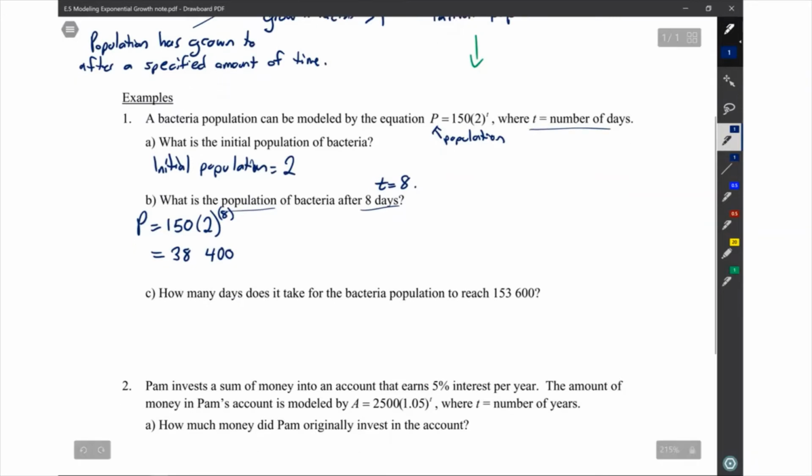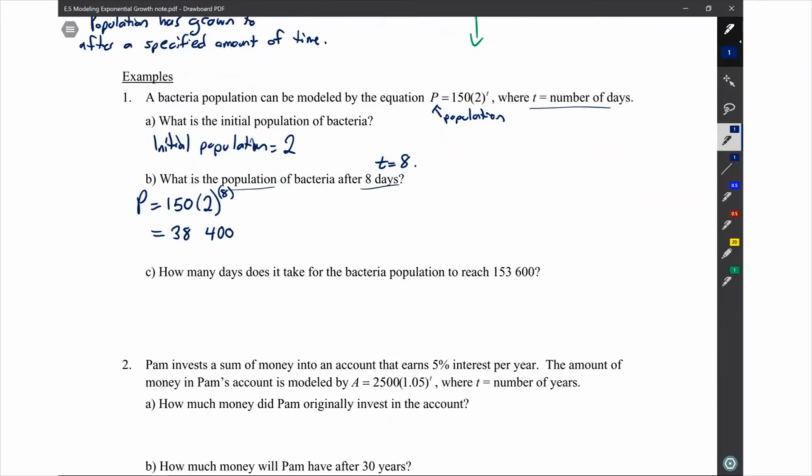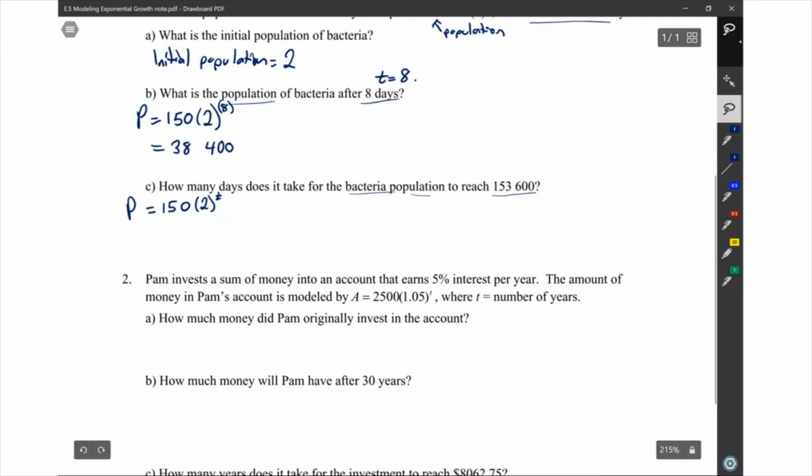So how many days does it take for the bacteria population to reach 153,600? Here, our equation, again, is P equals 150 times 2 to the power of t. Now we're going to solve this through a guess and check method here.